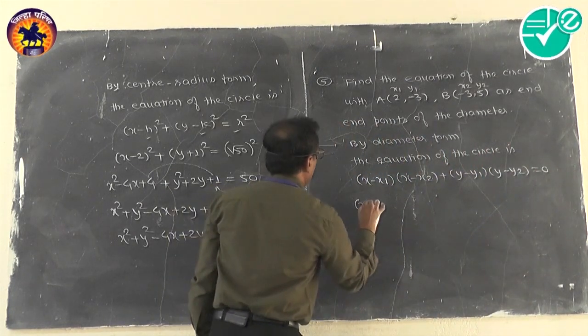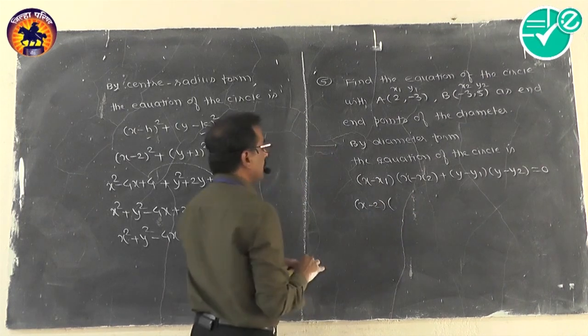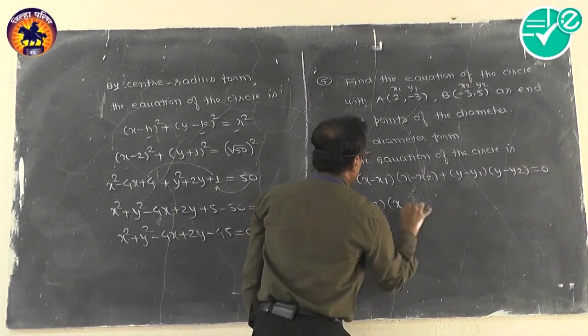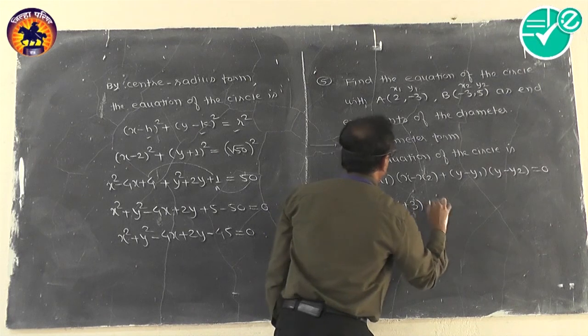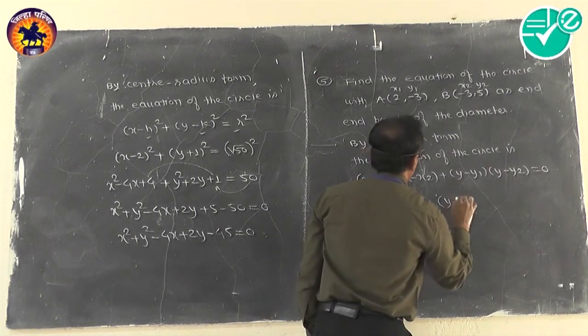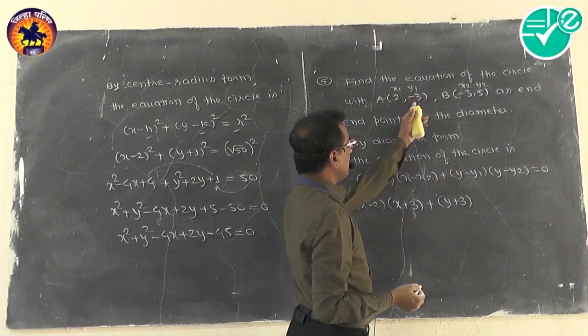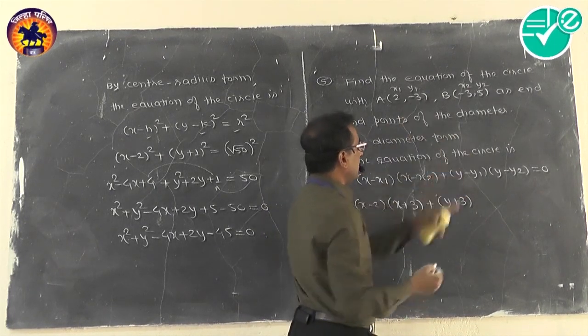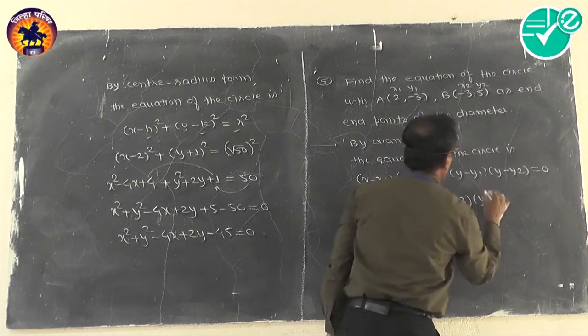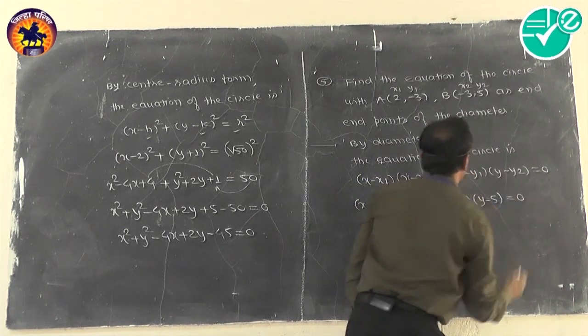So we have to place here (x minus 2)(x plus 3) plus (y plus 3), which is y minus y1, and y minus y2 means here minus 5, is equal to 0.